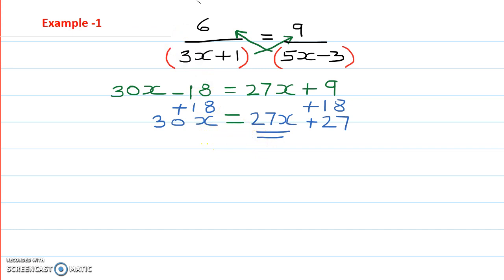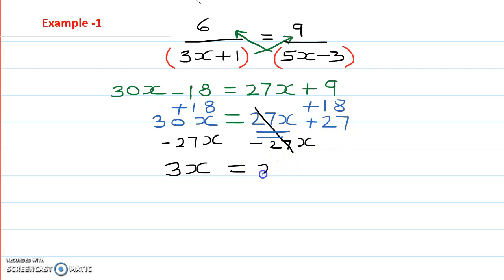Let's do minus 27x both sides. We don't want this here, so minus 27x both sides. So 30x take away 27x, with the equal sign exactly underneath, is 3x, and 27x is cancelled out.